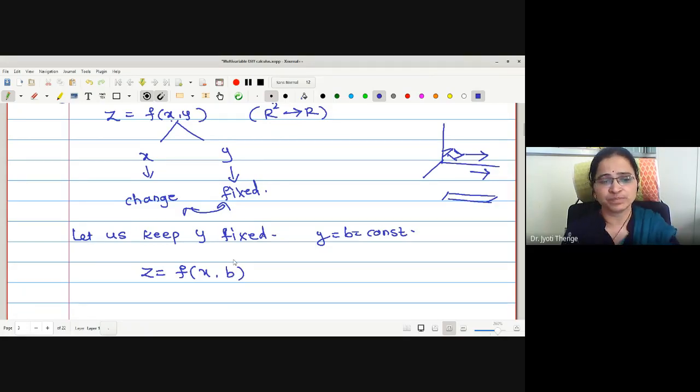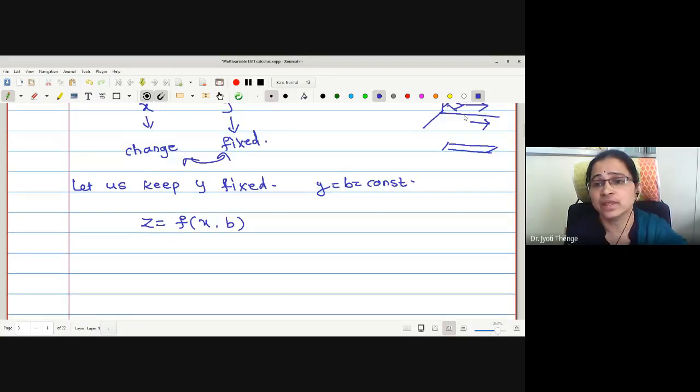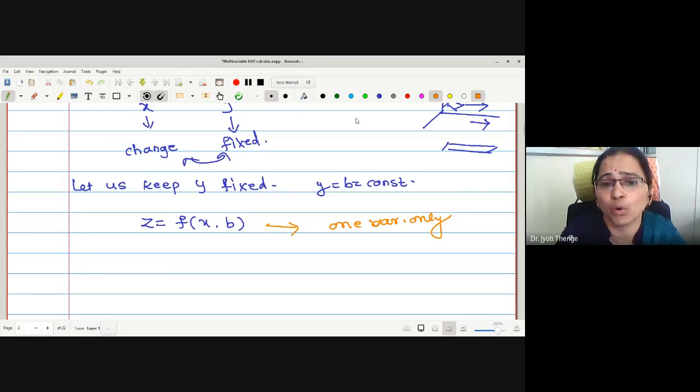Because once we fix the position of that surface in a three-dimensional space, we fix the value of y and we make the surface change in one variable x only. That is what I mean. Therefore, this becomes a function of one variable only.